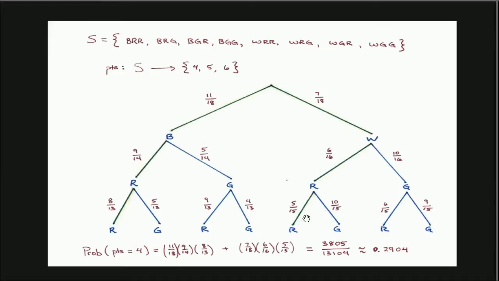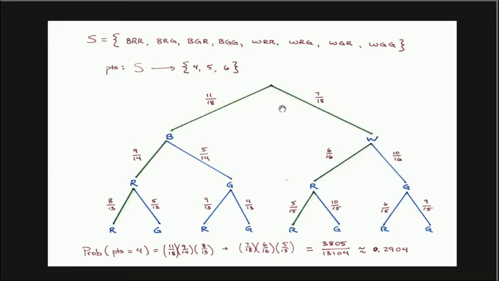Remember that the probability along any path is going to be a product of the probabilities along that path. That was coming from our definition of conditional probabilities. So the probability for the first path is 11/18 times 9/14 times 8/13.